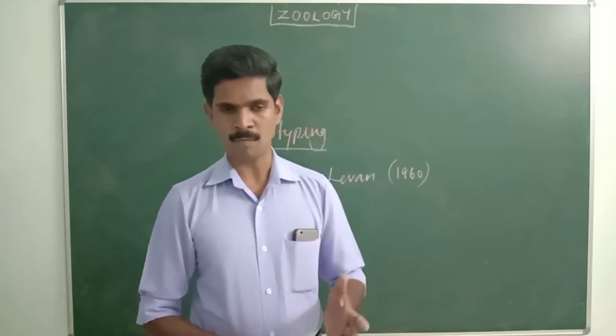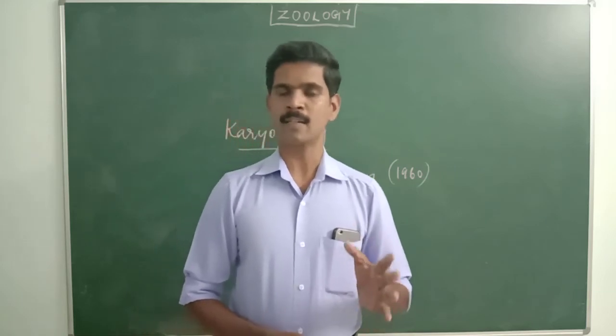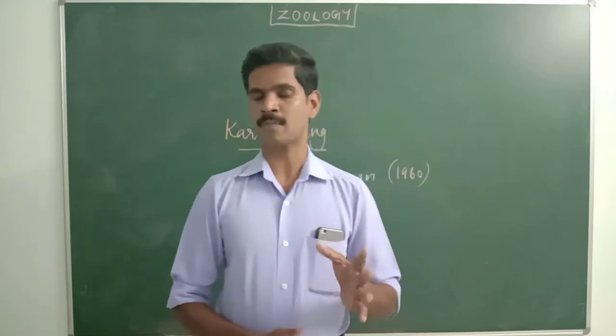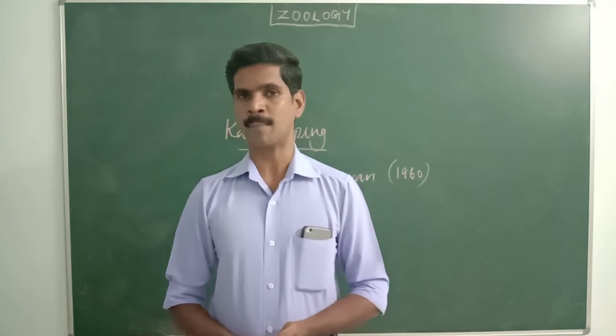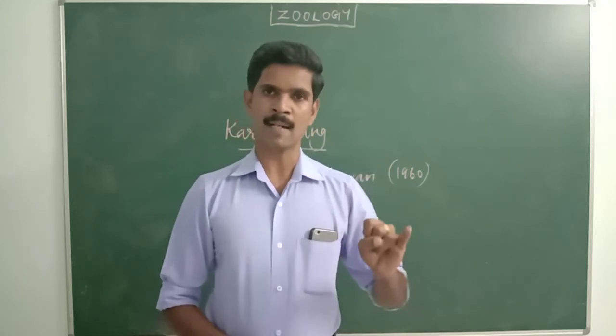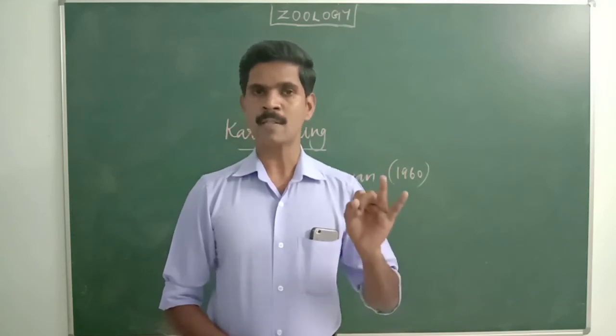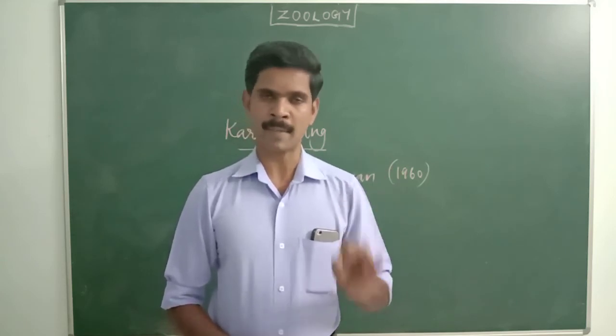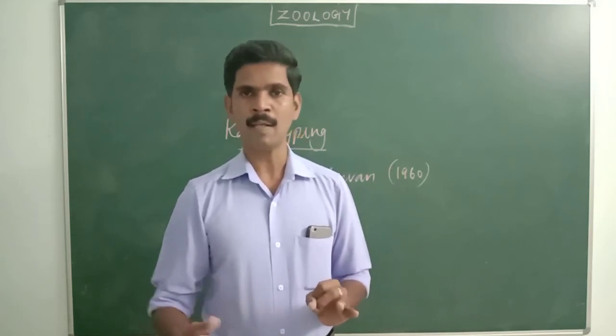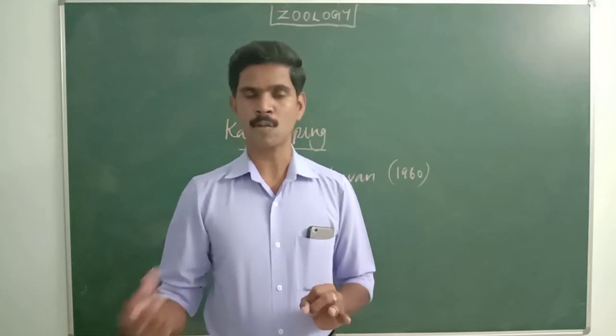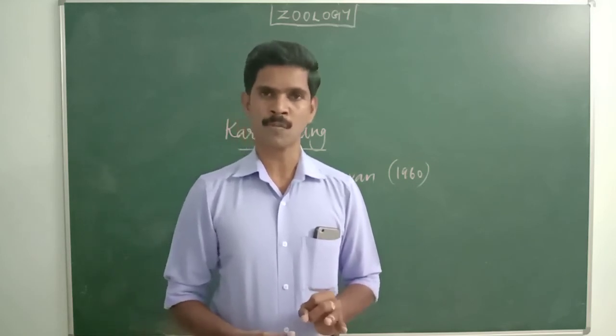So, dear students, now we have completed 5 applications of this karyotyping technique. First one is gender identification, to identify the sex of the fetus. Second, it is used to identify chromosomal aberrations, for example addition, deletion, translocation, duplication.